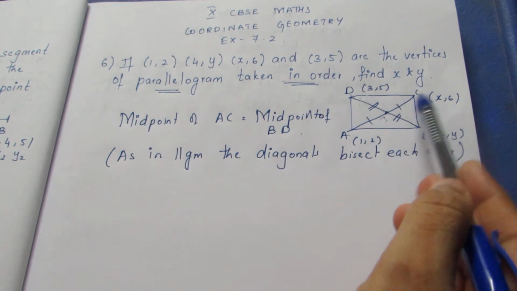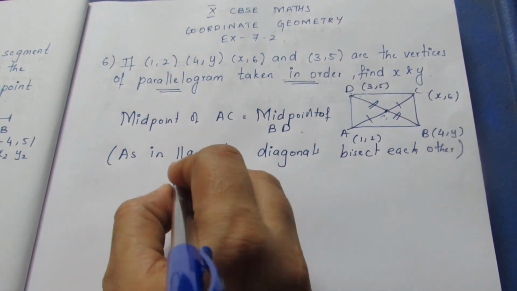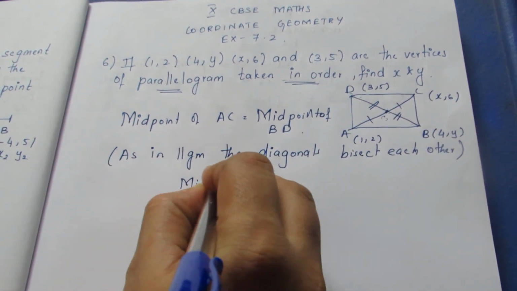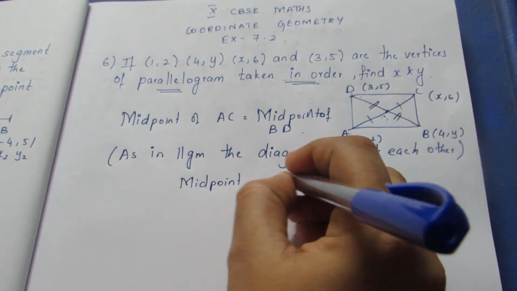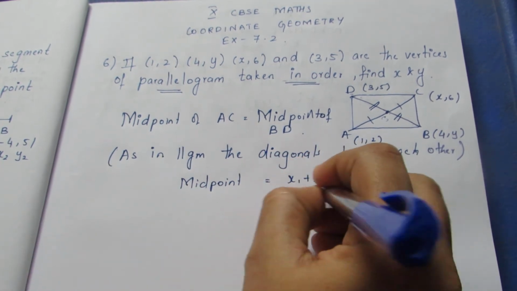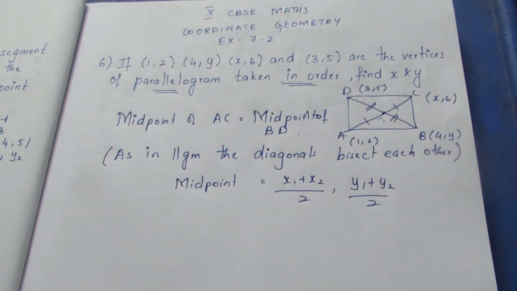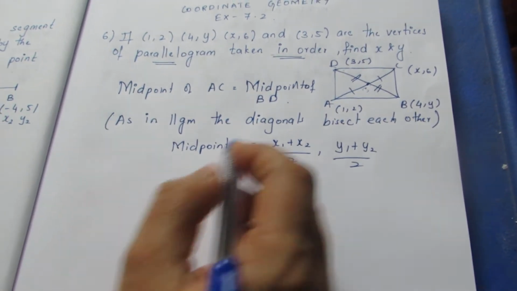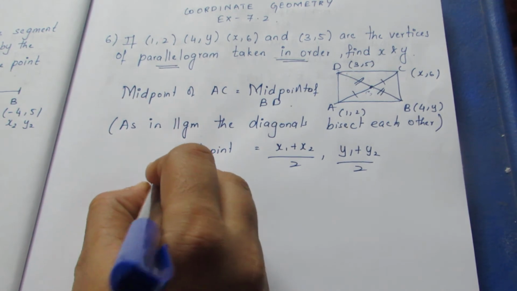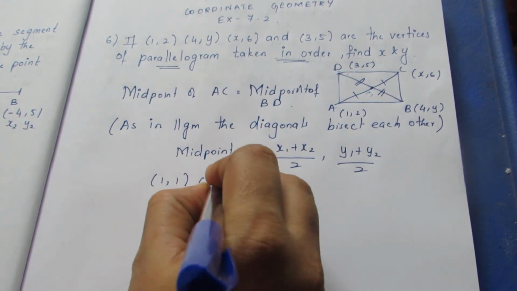Now we are going to take the midpoint. Before that, write the midpoint formula. The midpoint formula is (x1 plus x2) by 2 comma (y1 plus y2) by 2. Now for AC it is (1, 2) and (x, 6).